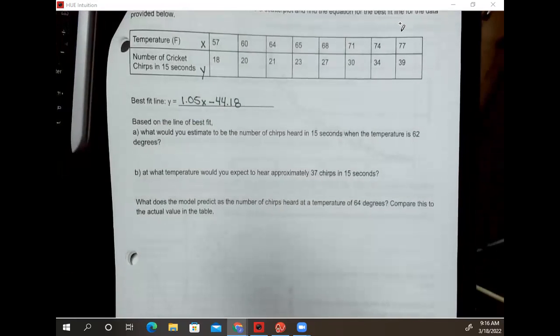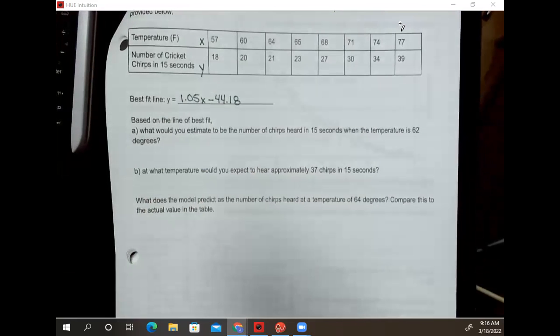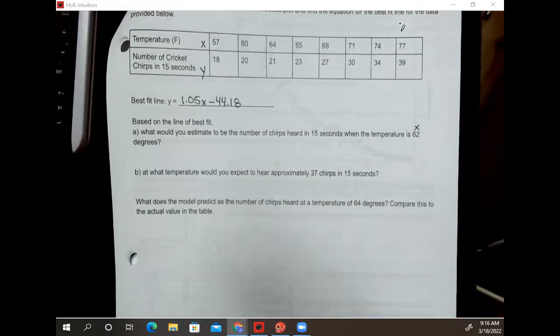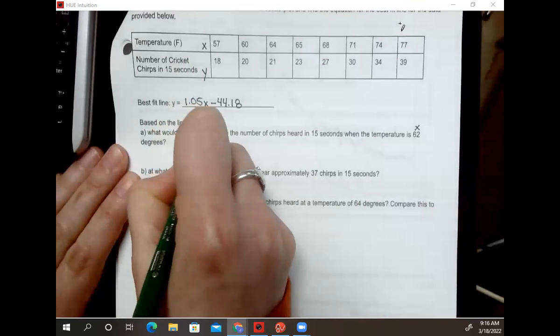And then based on that best fit line, so based on this model that we've created, what would you estimate to be the number of chirps heard in 15 seconds when the temperature is 62 degrees? So what I have here is an X value. What I want to find is the Y. If it's 62 degrees, how many chirps would I expect? So I'm going to plug this value in for X in my model.